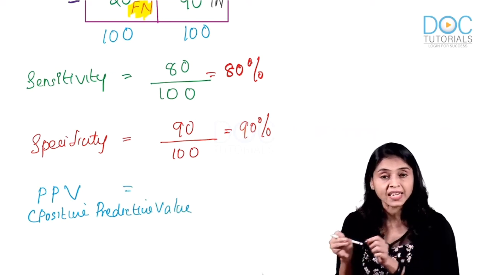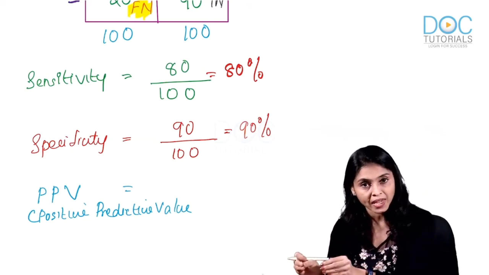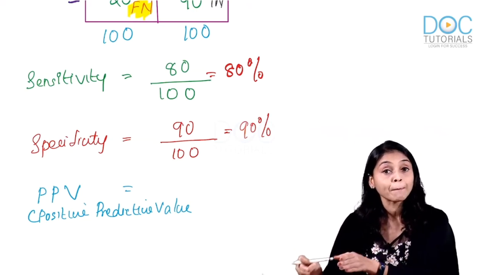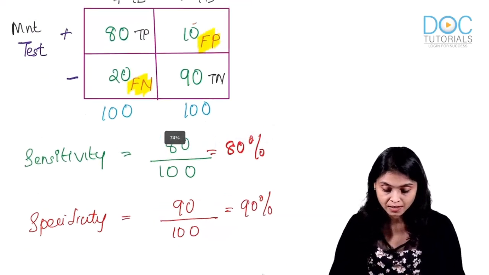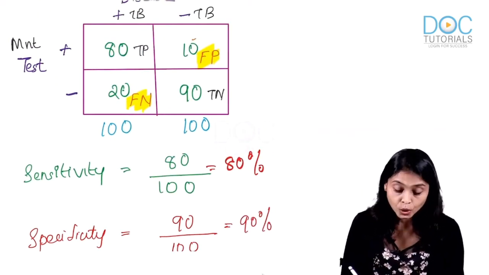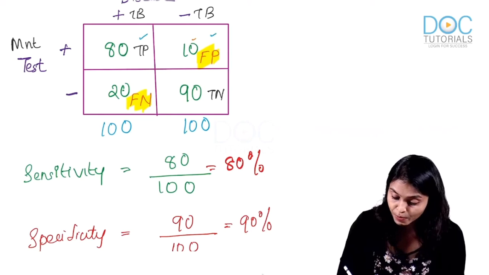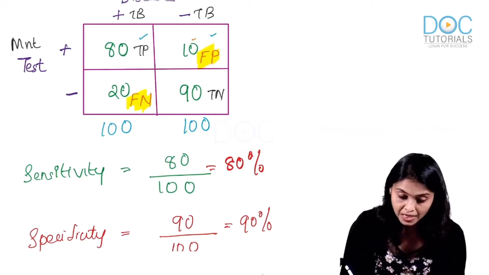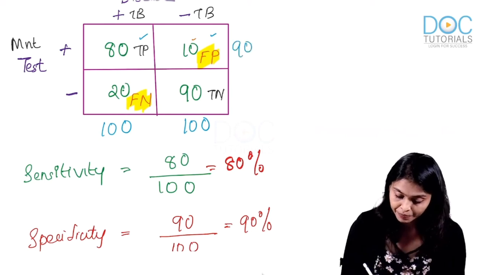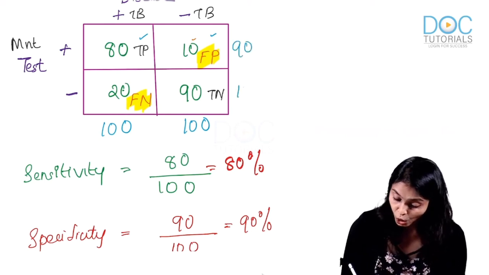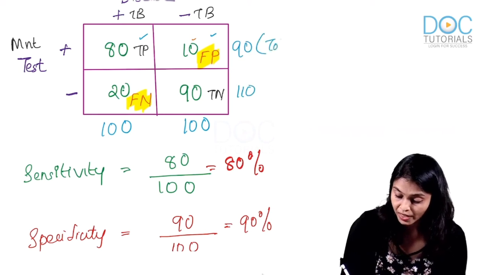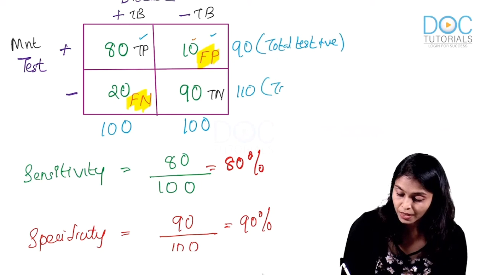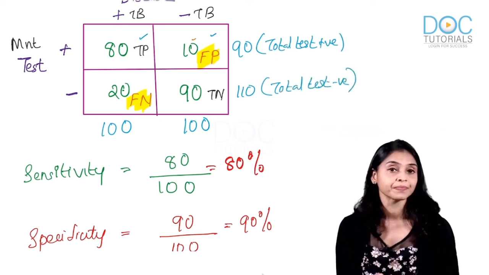As the name indicates, positive predictive value means out of those who were predicted to be positive by the test, which includes true positives as well as false positives. This is the total number of positives. How many are total positives? 80 plus 10, that is 90. 20 plus 90 are total negatives. These are total test positives. These are total test negatives, right?